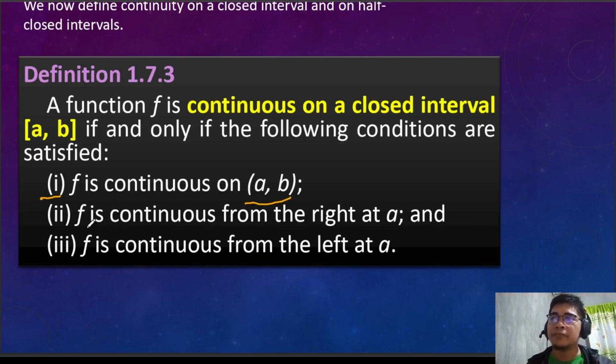Number 2, f is continuous from the right of A. And then also number 3, continuous should siya from the left at A. So aside from the continuous on an open interval A and B, dapat po continuous siya from the right at A and from the left at A. So that is the condition for closed interval.